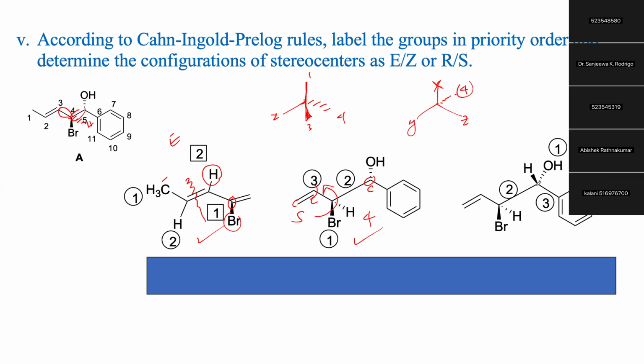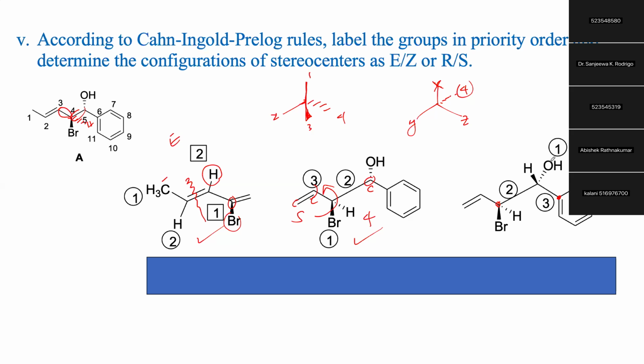Now hydrogen is coming towards you. The hydroxyl gets number 1, number 2 is this carbon because it's attached to bromine, and this is number 3. Hydrogen is coming towards you. You can do it 2 ways.